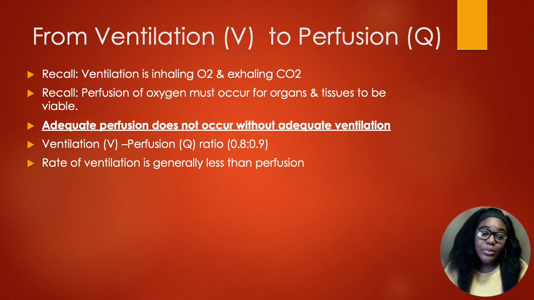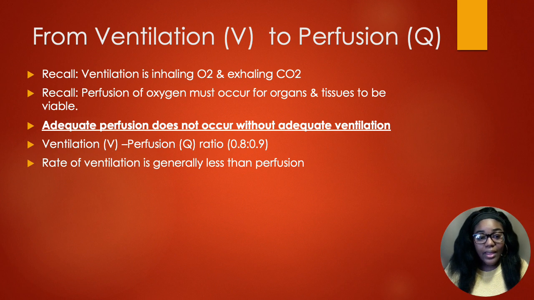So now we'll talk a little bit about ventilation with perfusion together, and recall that ventilation is literally the process of inhaling oxygen and exhaling carbon dioxide. So we talked a lot about that in chapter 15 and what the implications are with ventilation. So in perfusion, we are assuming that ventilation is adequate.